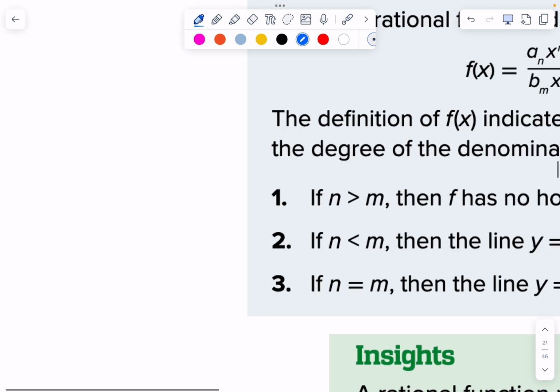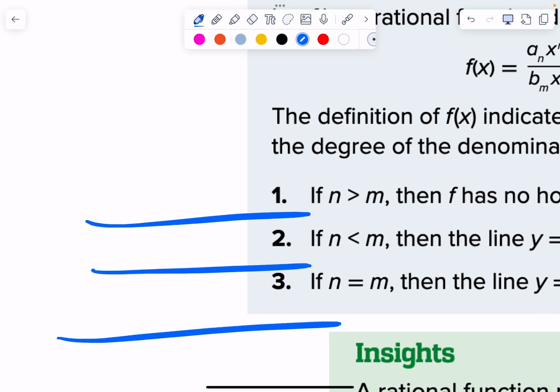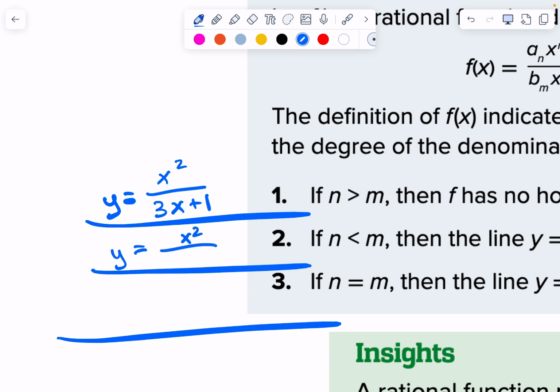First example. Put this next to example 1. I'm going to give you 3 examples. Y equals, let's say I have x squared over 3x plus 1. Then y equals x squared over 3x cubed plus 1.